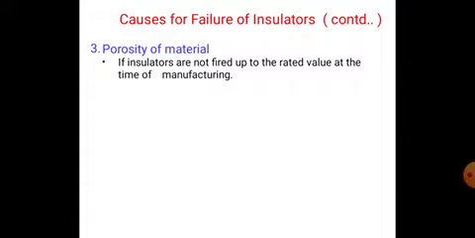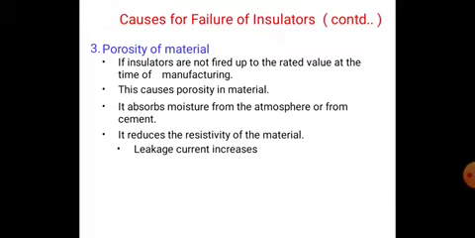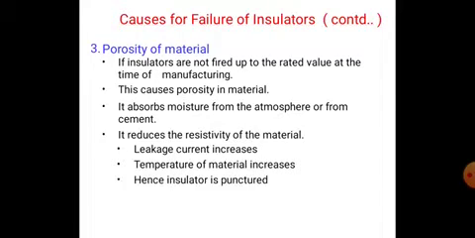And porosity of material. If insulators are not fired up to the rated value at the time of manufacturing, this causes porosity in the material. It absorbs moisture from the atmosphere or from the cement, which reduces the resistivity of the material. Leakage current increases, so the temperature of the material increases.